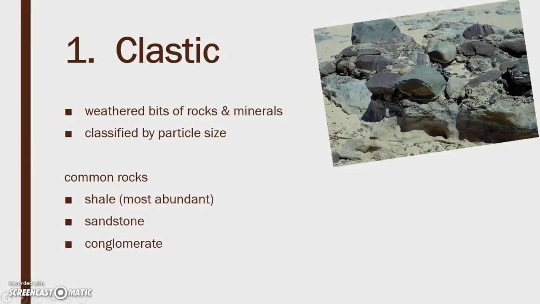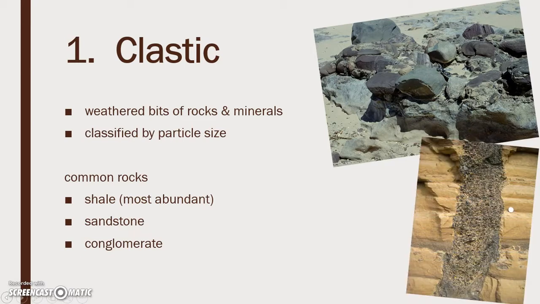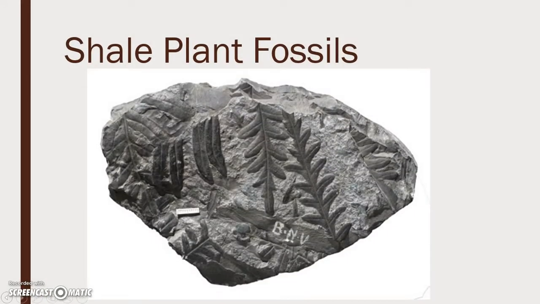So it ranges in particle size from particles that you can't see to particles you can see a little bit to particles you can see a lot. So for example, in shale, because those are so nicely compacted and cemented, shale is the best for us to get fossils out of. So sedimentary rocks are where we find our fossils.